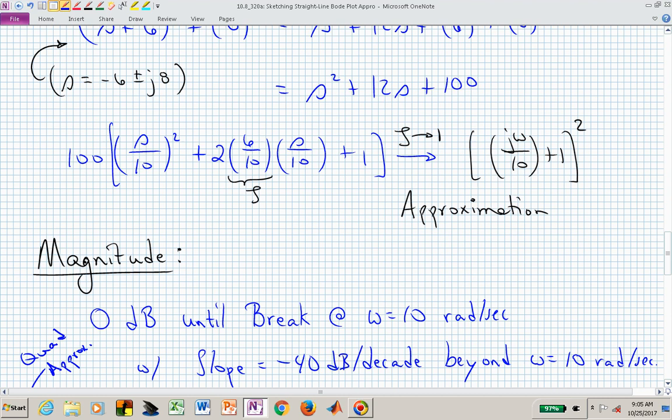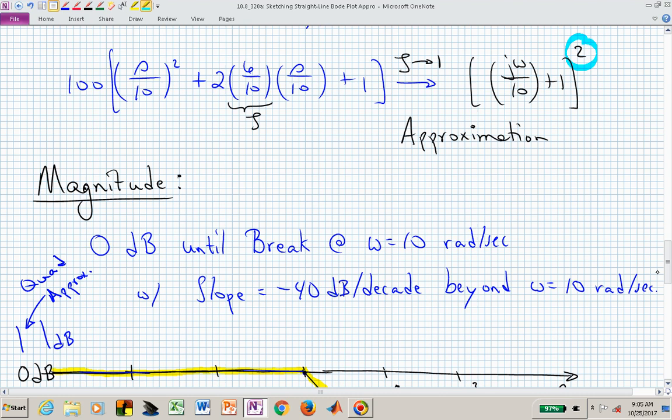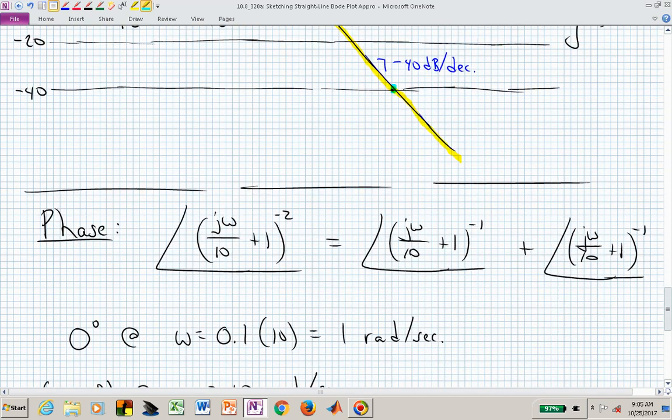That has an angle of 45. We're doubling it because it's a quadratic, and because it's downstairs in this example, it's a negative exponent. So we now have two 45s, but those are negative 45. So we're at minus 90 at the sweet spot.